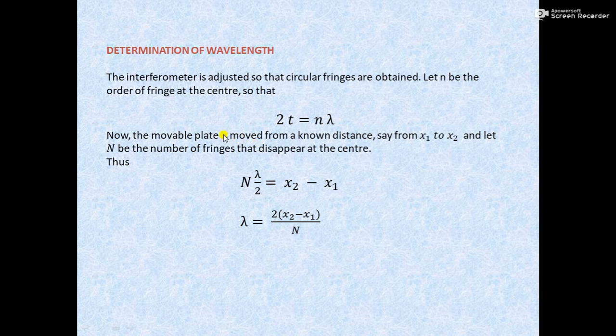If we go to the previous lecture, you have seen that there are two plates, one of them is kept fixed and the other is movable. So, the movable plate is moved through a known distance, say from x1 to x2, and let N be the number of fringes that disappear at the center. Thus, we can write N λ/2 = x2 − x1. So, from this expression we can get the value of λ.